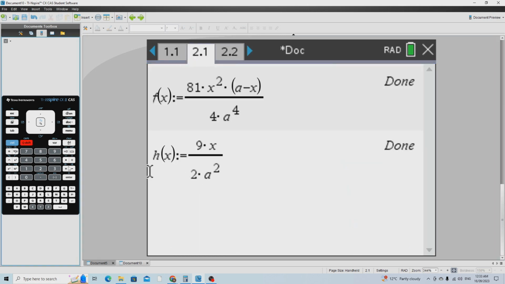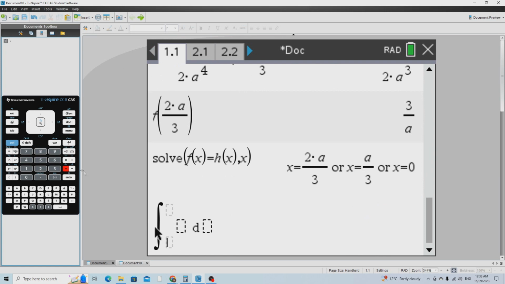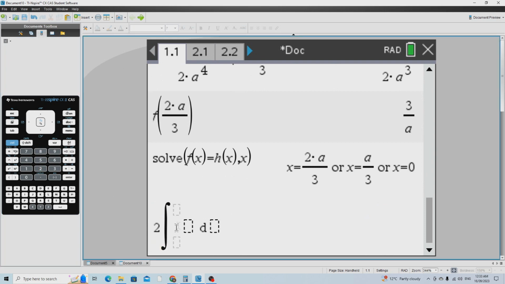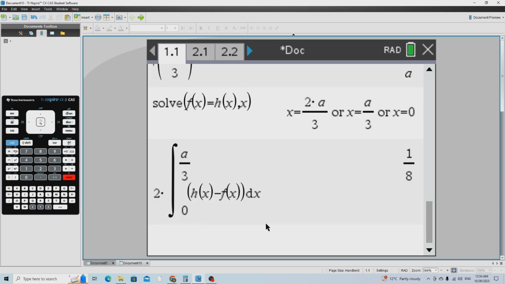Let's do that. So we're going to do it over here. So we're saying twice the integral from 0 to a on 3. Oh, no. Yeah, I'm hoping that's right. It should be equal by symmetry, but 1 on 8. Is that right? Let's double check it.